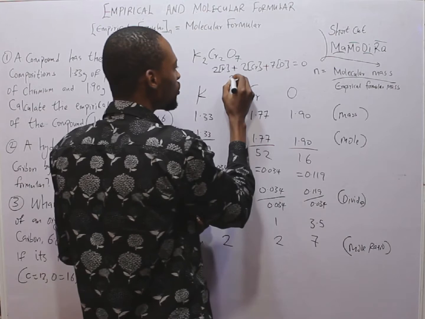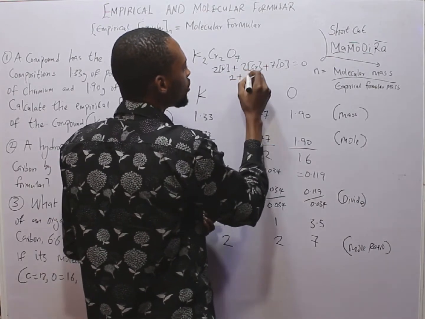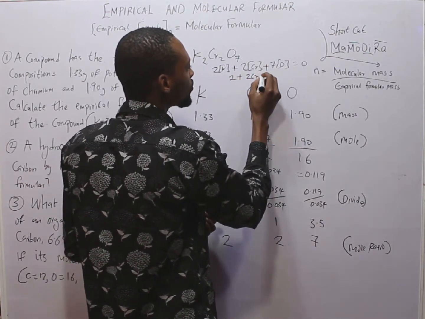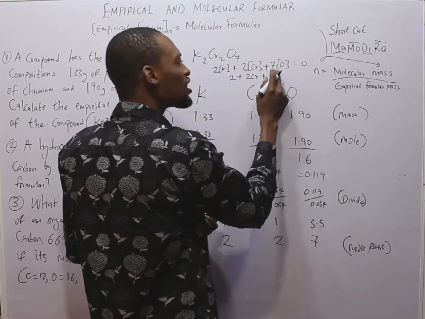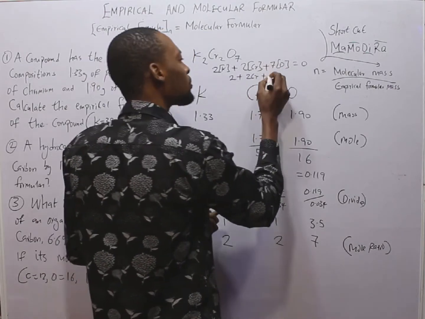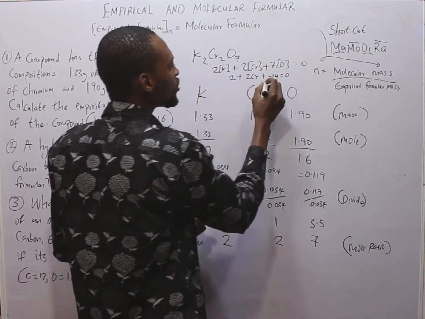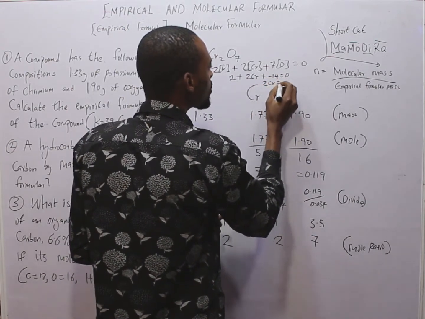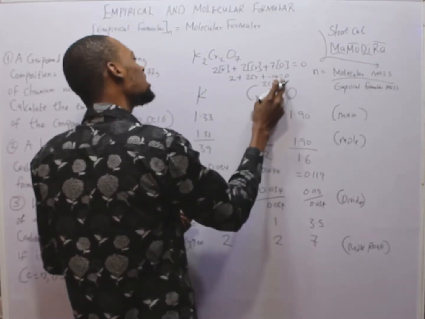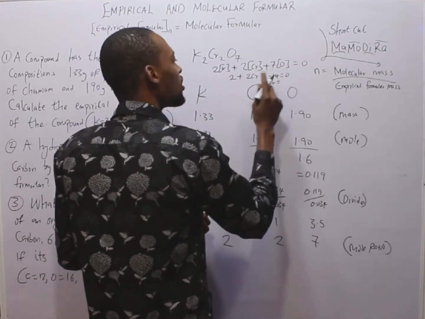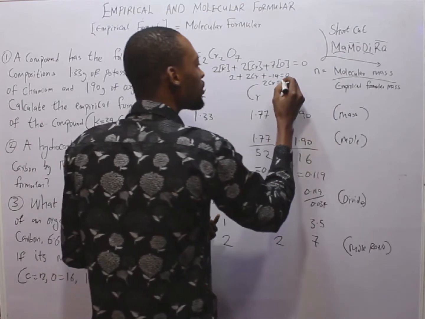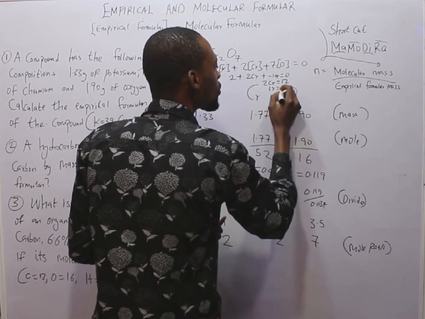So 2 times 1 is 2, plus 2Cr, plus oxygen is -2, so -2 times 7 is -14, equals 0. So this will simply give you 2Cr equals 2 minus 14, that should give you -12. -12 moves to the other side, it will give you 12. So Cr equals 6.